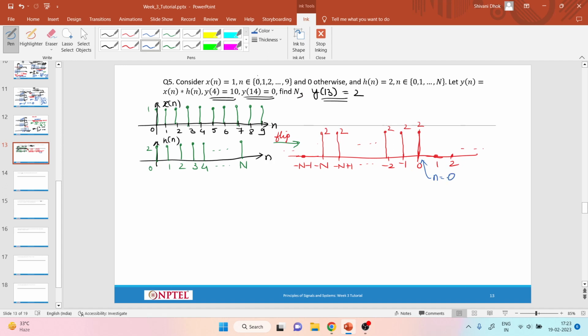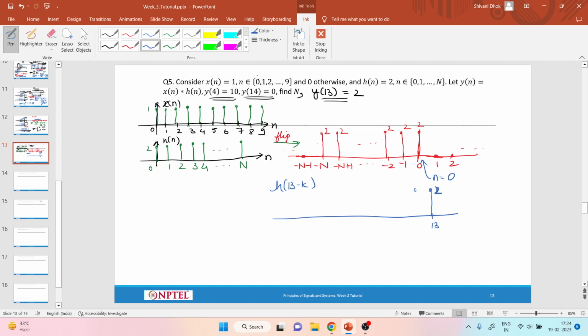And the information that I have is my y of 13 is 2. When I shift this entire signal by 13 units, I'll need h of 13 minus k. If I do that, then this will be at 13.